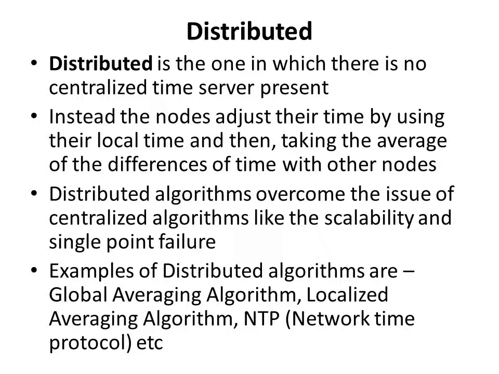Distributed algorithms overcome the issues of centralized algorithms like scalability and single point of failure. Examples of distributed algorithms are the global averaging algorithm, localized averaging algorithm, and NTP, Network Time Protocol.